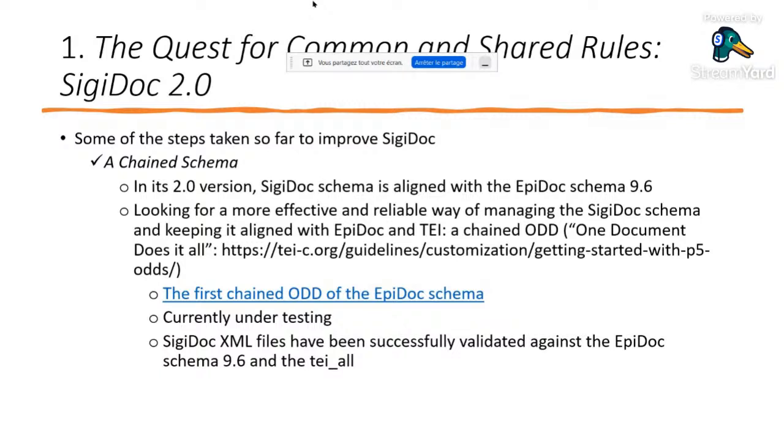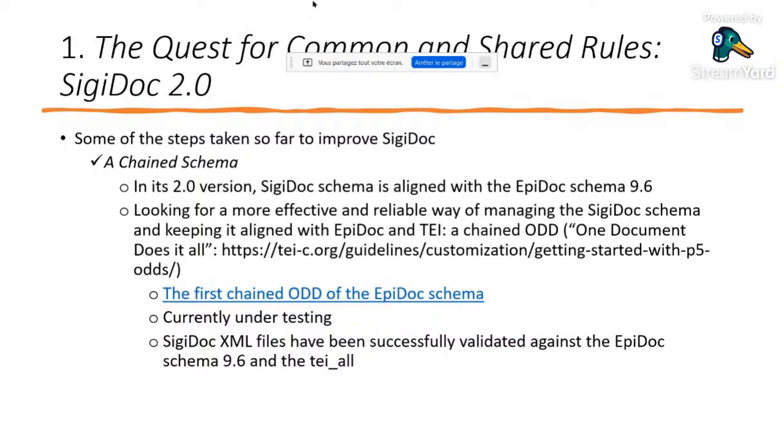ODD is an acronym for One Document Does It All. To say it quite simply, it is a way to take what is in the EpiDoc schema and only introduce changes or modifications to adapt it to the needs of Byzantine sigillography.